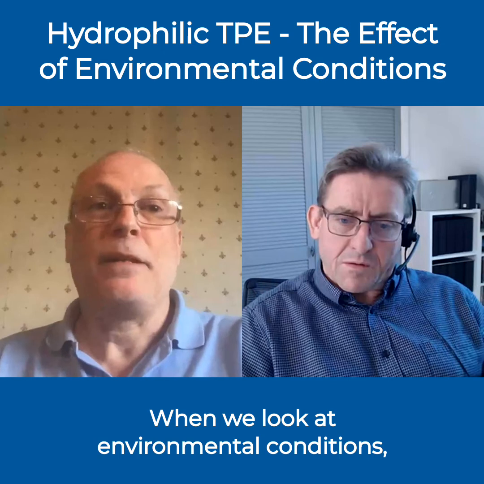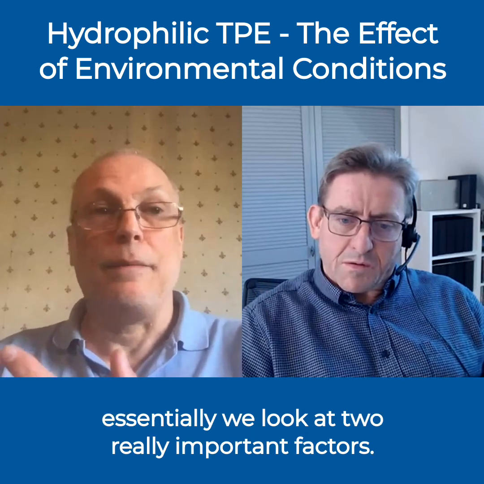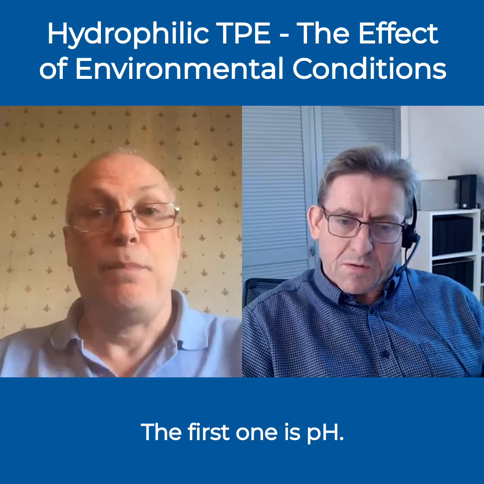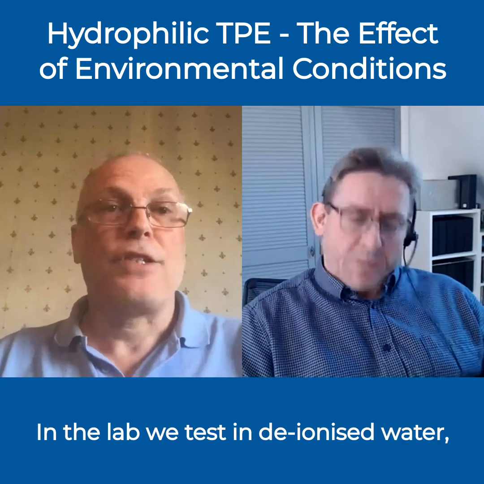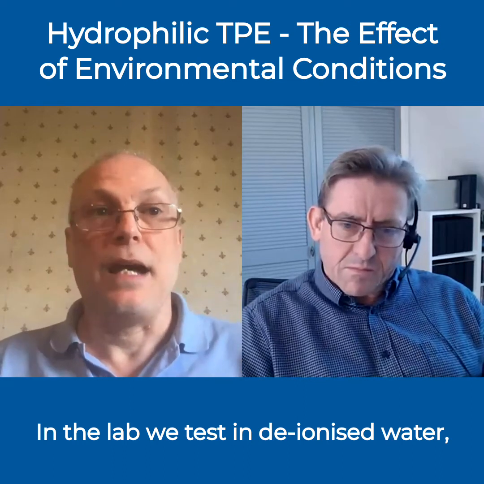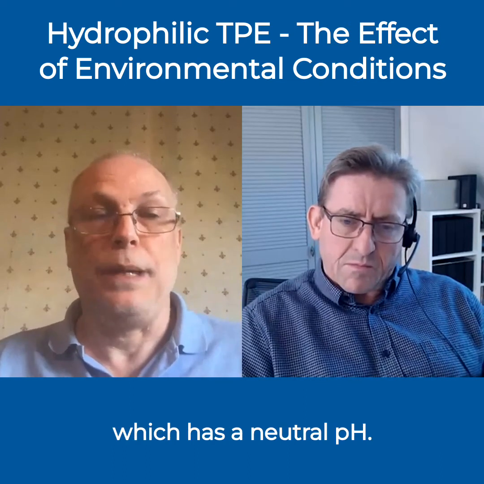When we look at environmental conditions, we're essentially looking at two really important factors. The first one is pH. In the lab, we test in deionized water, which has a neutral pH.